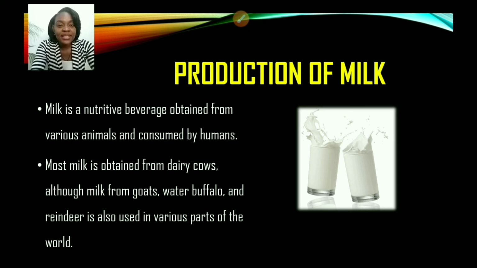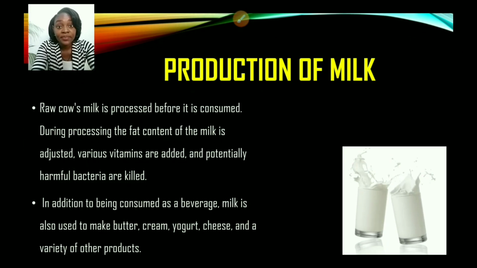Milk is a nutritive beverage obtained from various animals and consumed by humans. Most milk is obtained from dairy cows, although milk from goats, water buffaloes, and reindeer is also used in various parts of the world. Raw cow's milk is processed before it is consumed.